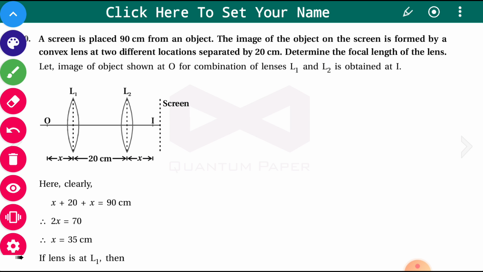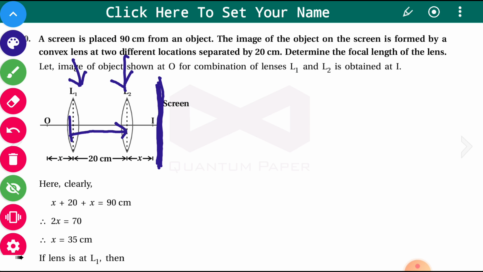Now see, when the lens is shifted 20 cm this side, the image is not changing its position. First of all, you should understand this. The lens is kept initially here and then it is shifted here. The image is falling on the screen, so the screen is not changed.